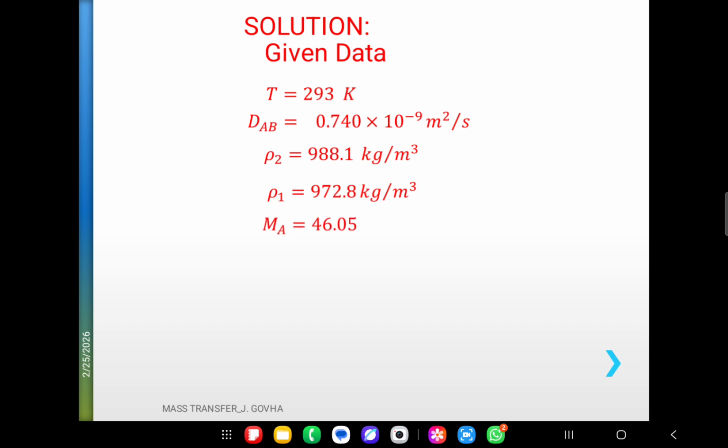Then molecular mass MA is 46.05 and molecular mass MB is 18.02. Then Z2 is at 0.02 and Z1 is 0.0.